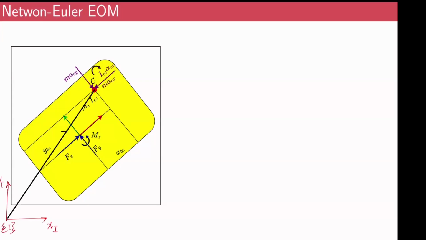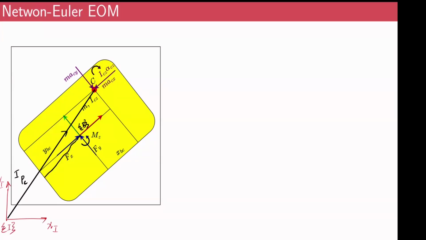I shall call this the position vector of point C with respect to this inertial frame. And I would also define a position vector to the origin of this body-fixed frame of reference B, right?